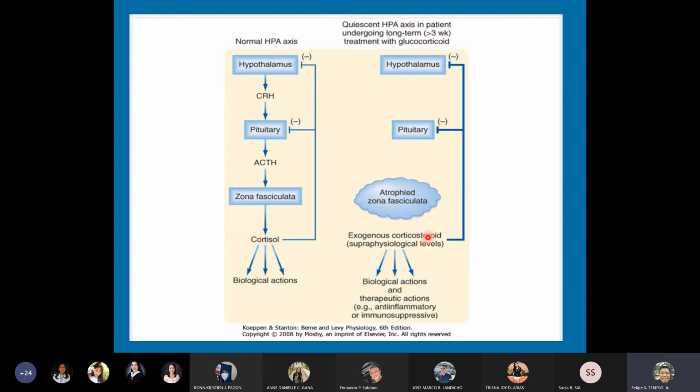Because you're taking external, exogenous steroids, this axis will not be activated. So once you withdraw the steroids, because you already suppressed this axis, you will suddenly feel the absence of corticosteroid hormone: maybe salt wasting, low blood sugar, weakness.